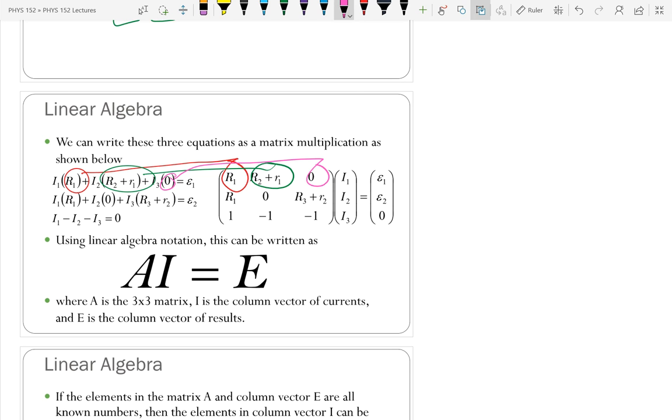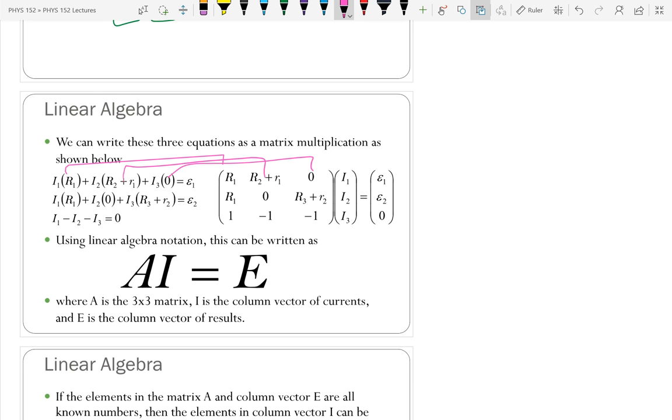So if I read the top, I have R1 times I1 plus (R2 plus lowercase r1) times I2 plus 0 times I3 equals, and that position in the answer is epsilon 1. This matrix is just rewriting the same equations. You take your equations and put the coefficients for each of the I's in the matching place in your matrix.